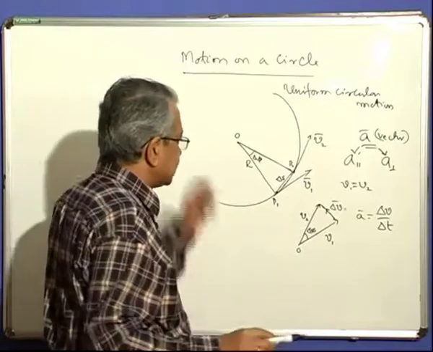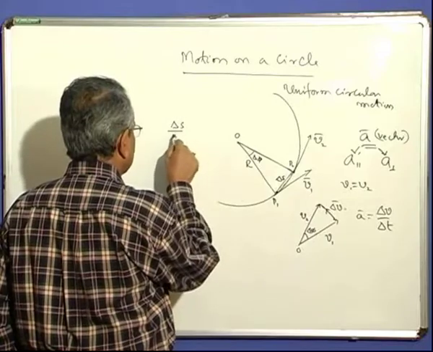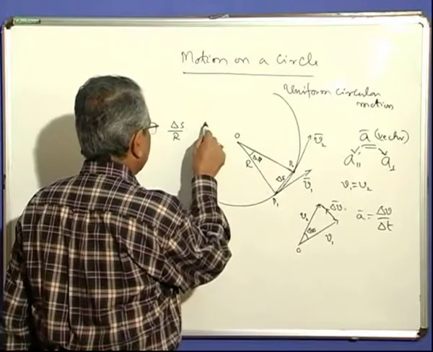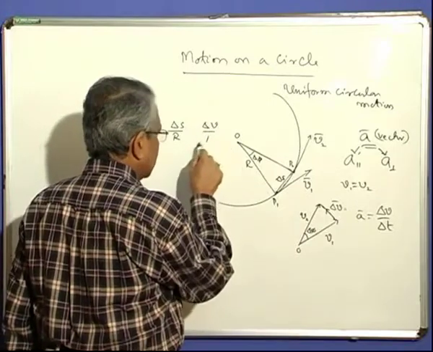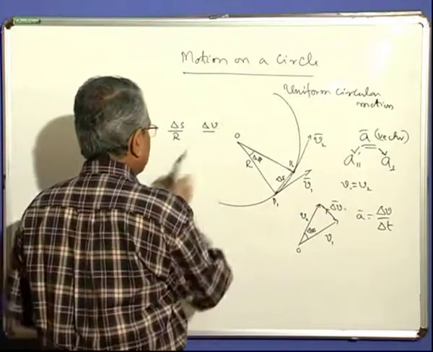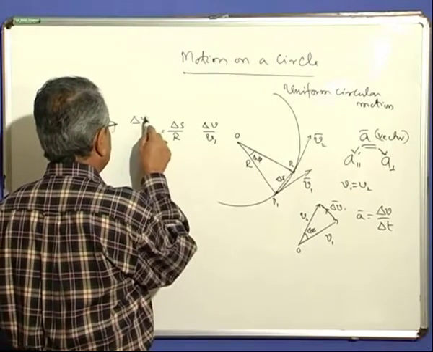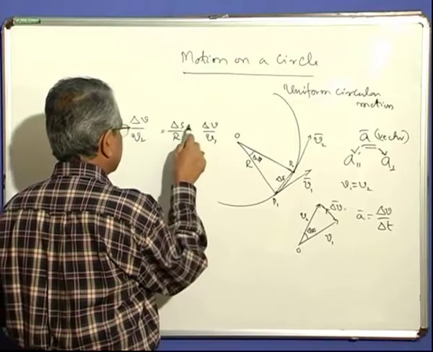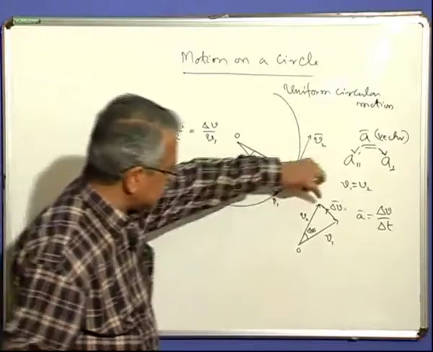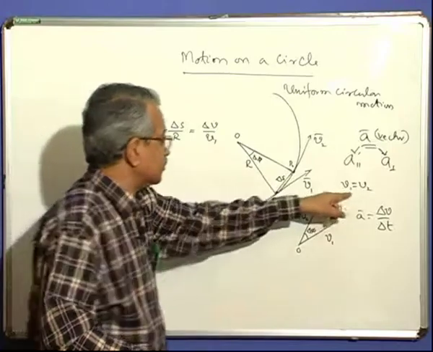So what we can see from this is the relation. We can find that delta S by R, the ratio, must be equal to delta V by V here. You may call it V1 or V2, either way you can put it, because in magnitude V1 and V2 are equal.